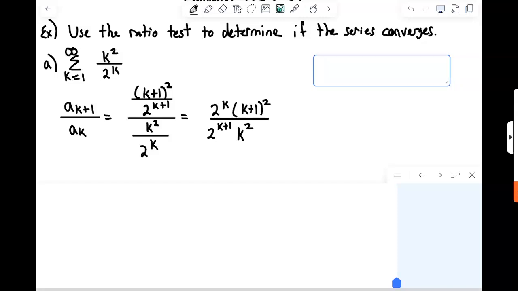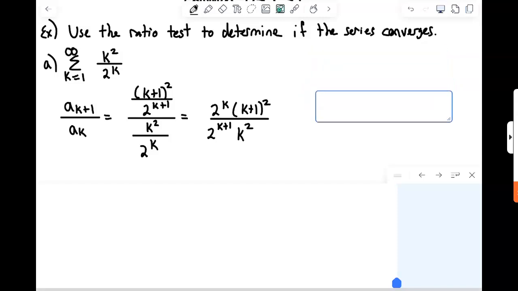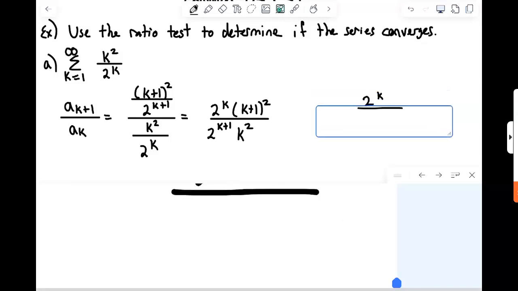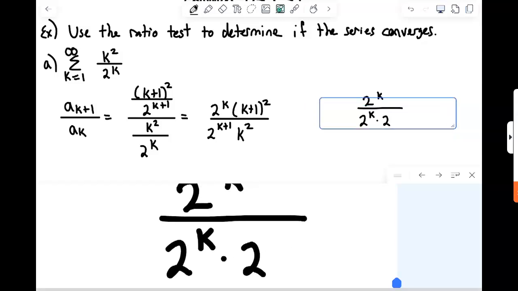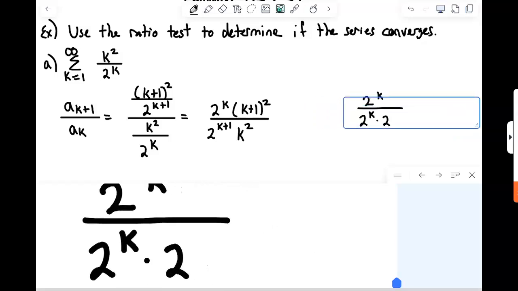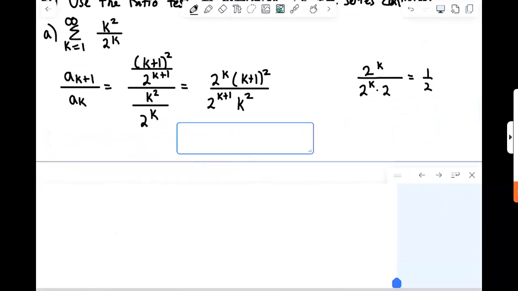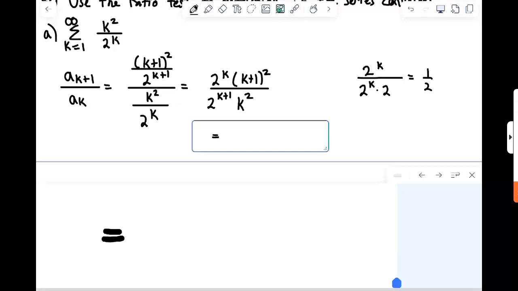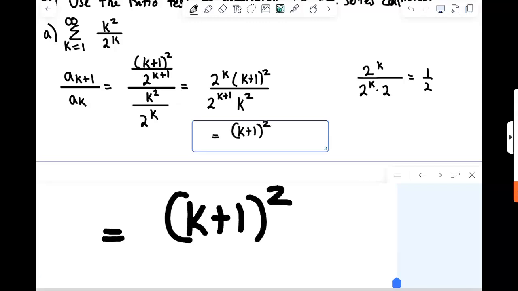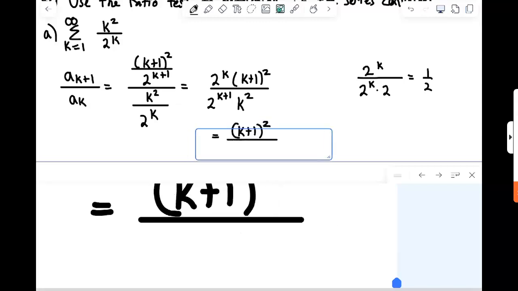So kind of going off to the side here just for a second, 2 to the k over 2 to the k plus 1. Remember, by properties of exponents, 2 to the k plus 1 is 2 to the k times 2 to the first. So those 2 to the k's cancel out, and so that's just going to be 1/2 that part. So our overall expression will simplify down to be (k plus 1) squared over 2k squared.